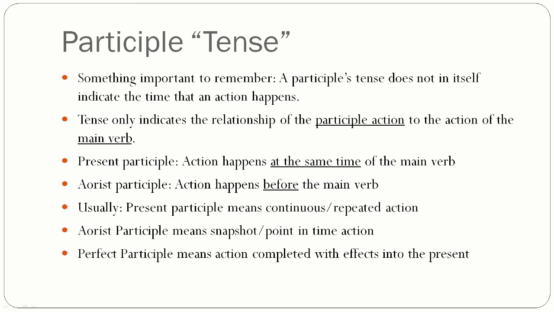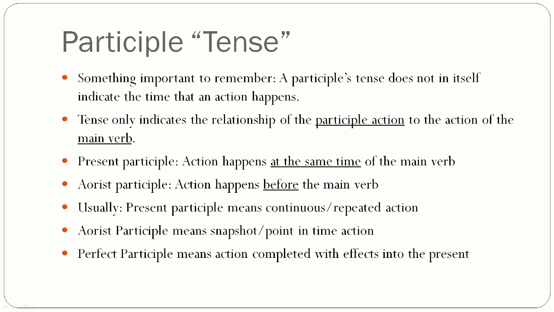The tense as far as time only comes from the main verb. Only the main verb will tell you whether the sentence is happening in the past or the present or future or anything else. You don't even have a future participle. The tense instead indicates a relationship of the action in the participle to the action of the main verb.